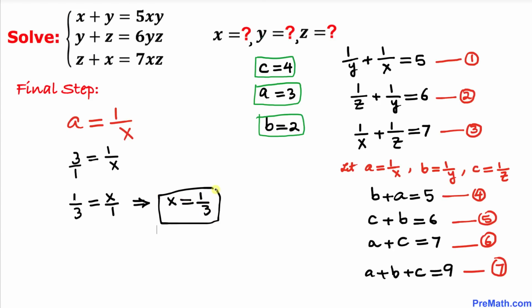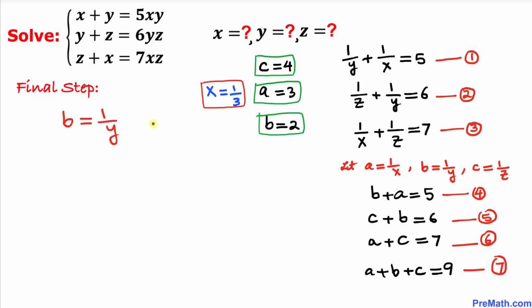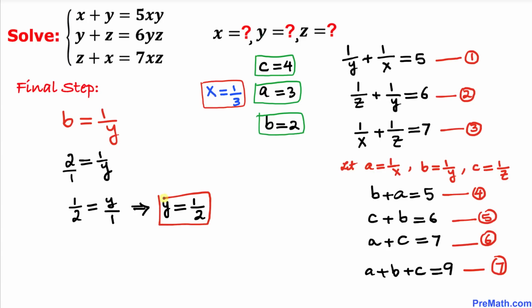And now we know that b equals 1 over y from here, and we know b value is 2. So therefore I can replace b by 2 equals 1 over y. Therefore our y value turns out to be 1 over 2.